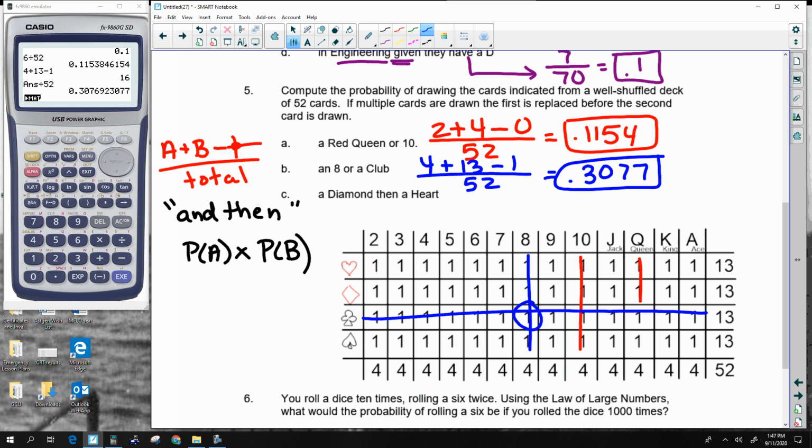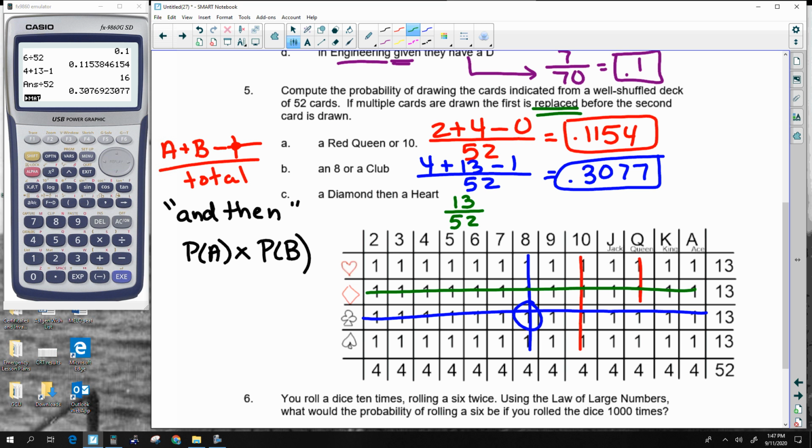And then here comes the and then. It's a diamond. Okay, now with this diamond, the first is replaced. So a lot of people sweat that. So the first is replaced. So that would mean that the card is put back.